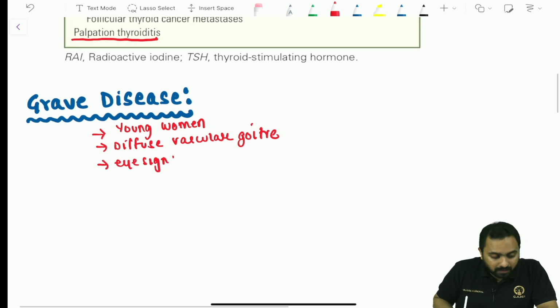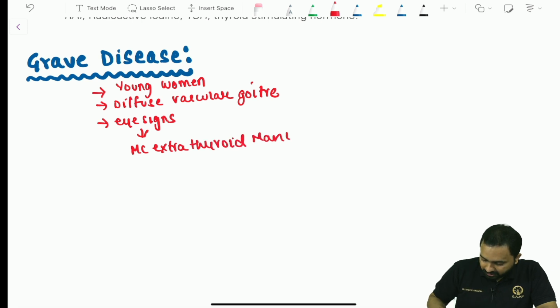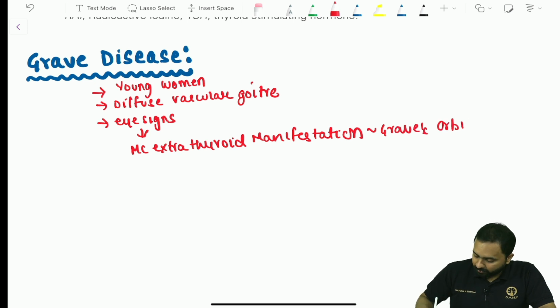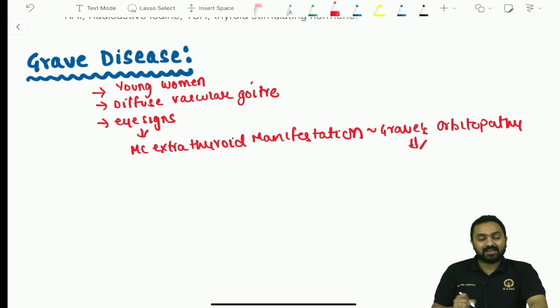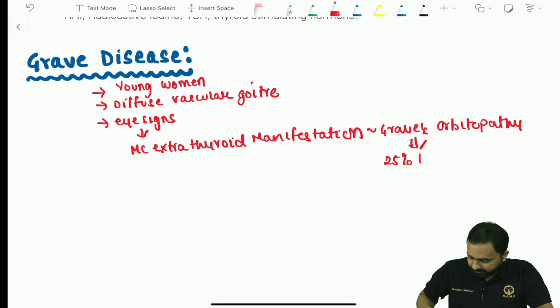When we talk about eye signs, you need to note that the most common extrathyroid manifestation is actually Graves orbitopathy, which is seen in around 25% to 30% of subjects.